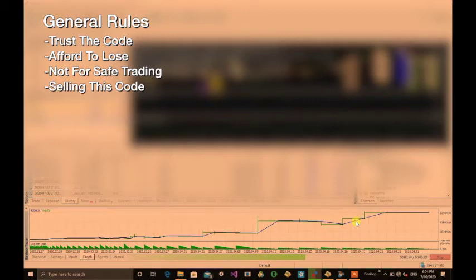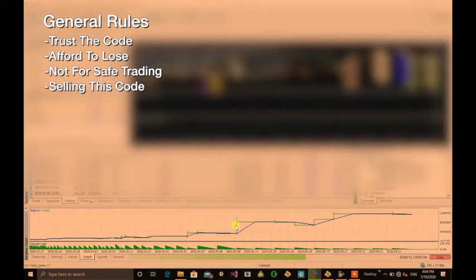You don't know if things will go positive or negative. You try to use the situation as much as you can to your benefit, but sometimes it doesn't work. Sometimes it works and there is a great profit. But this auto trader is not for safe trading.